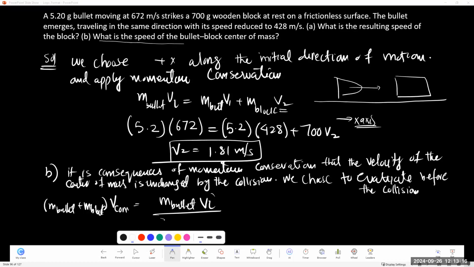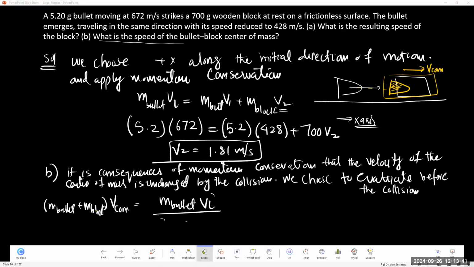Since I have limited space, I can move this to the other side because I need the V component, the combined velocity. So the bullet is coming, it's poking maybe here and stuck. So both are moving with the same velocity. So V comp is the combined velocity of these two.